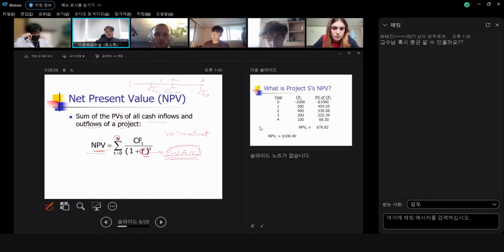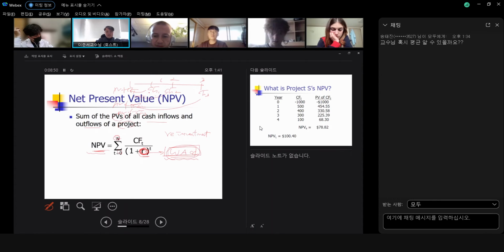The fact that we discount at WACC means the cash flows during the project can be reinvested at WACC, the same meaning, right? So we can calculate the present value of each cash flow that happened during the project: the present value of cash flow at 1, of cash flow at 2, and of cash flow at 3.